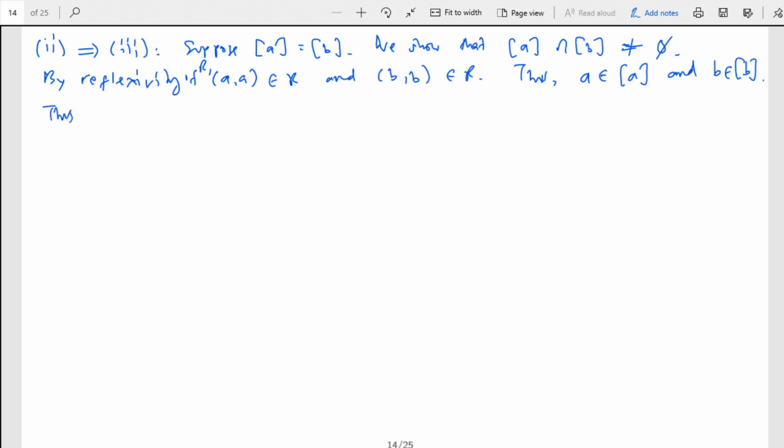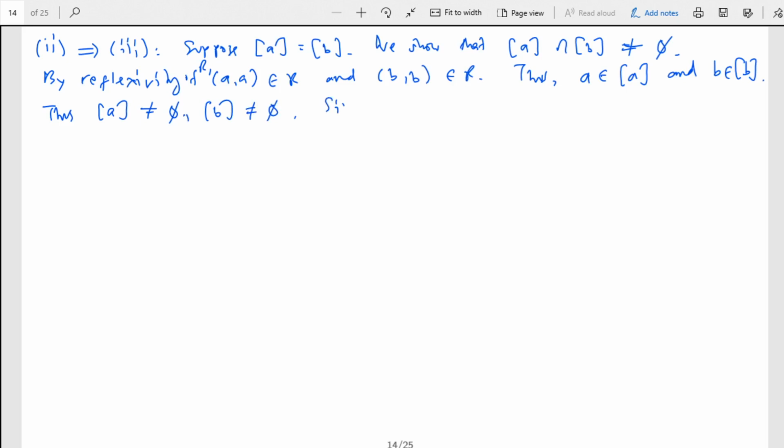Thus the equivalence class of a is not empty, and the equivalence class of b is also not empty.